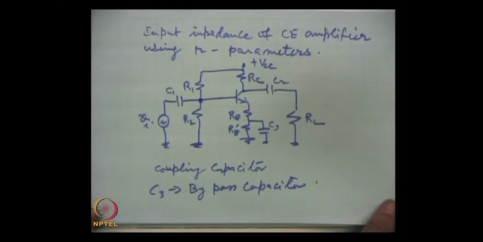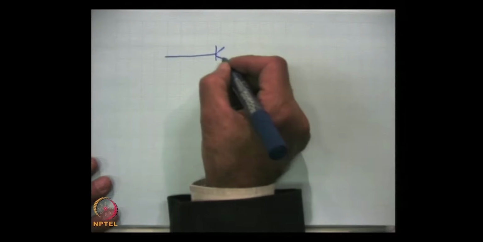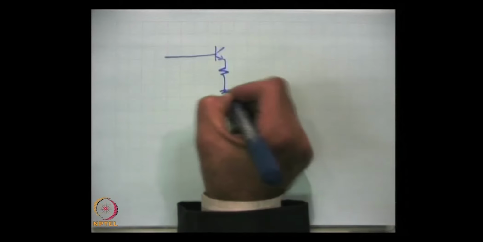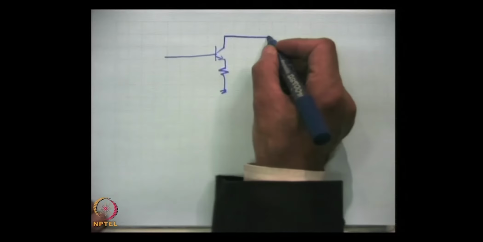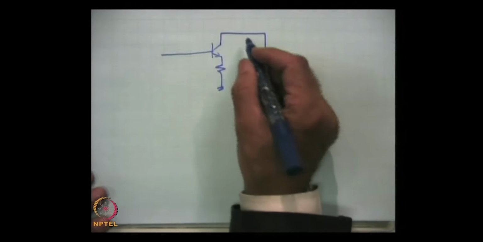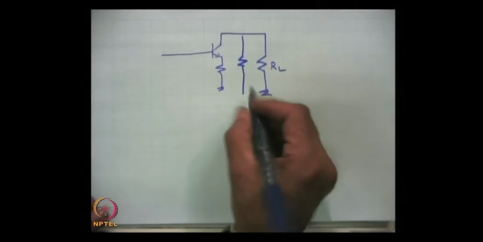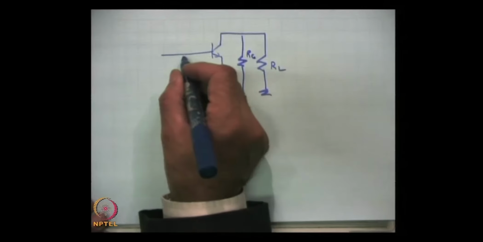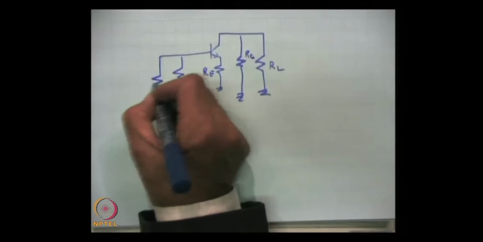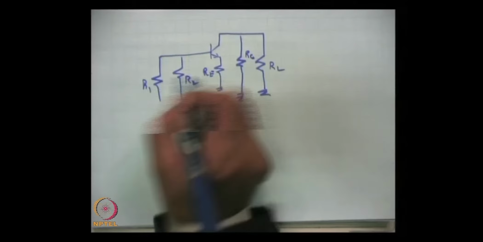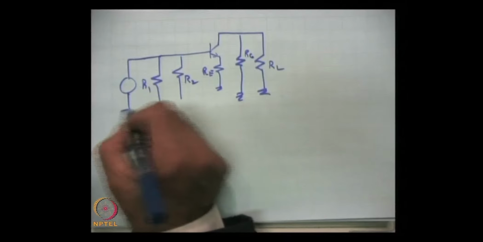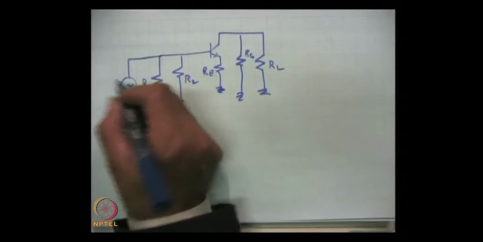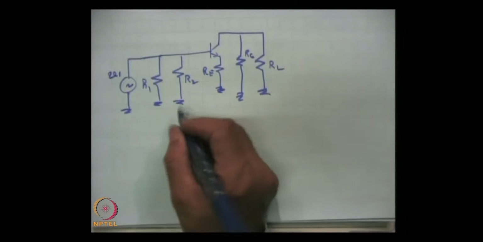Then what remains in the circuit, the AC equivalent of this circuit, is this. This is the AC equivalent circuit.